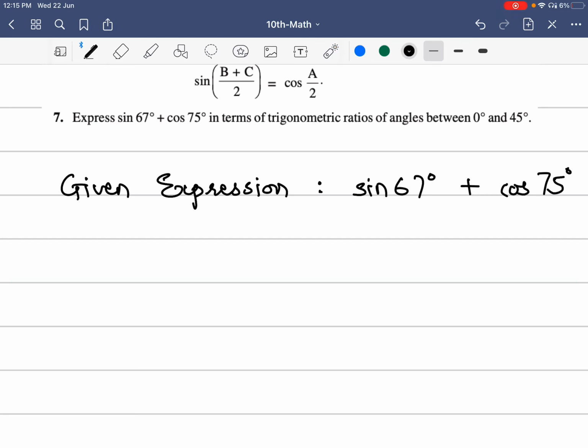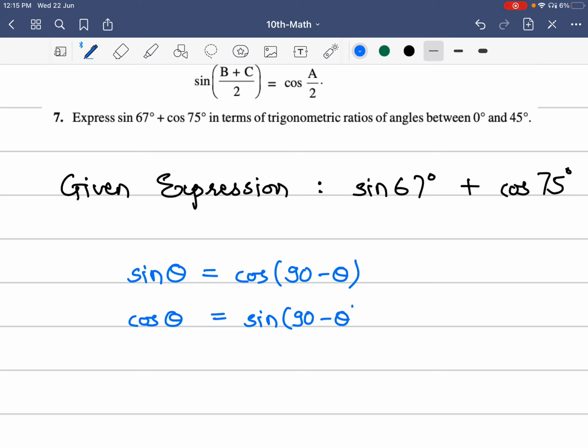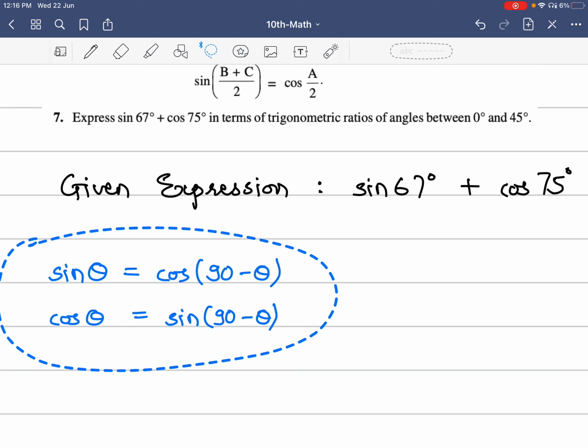So very clearly, we have to use the property of sine of theta, which can be written as cos of 90 minus theta, and similarly cos of theta can be written as sine of 90 minus theta. That is all that we have to do. Once we do 90 minus 67 and 90 minus 75, both the values will be less than 45, which is what the question demands.